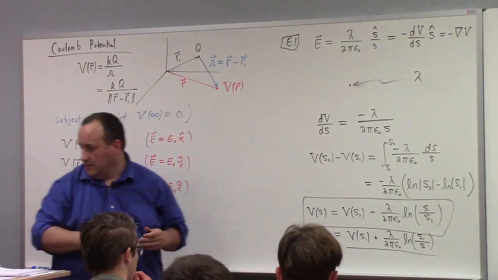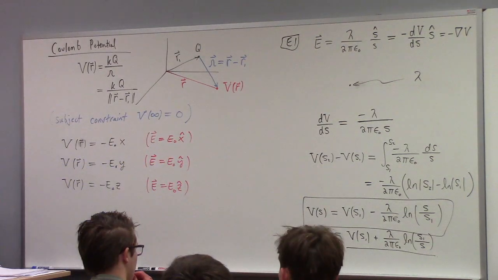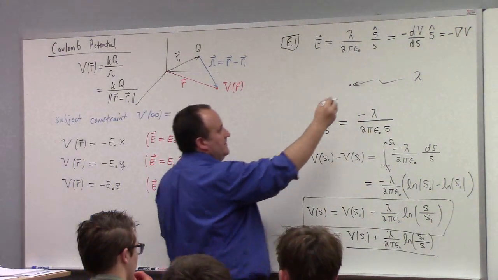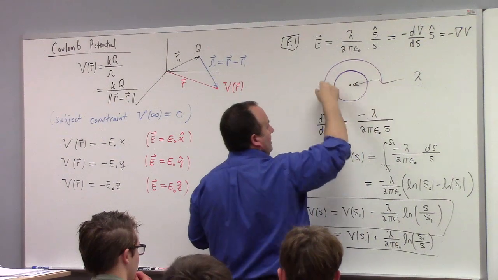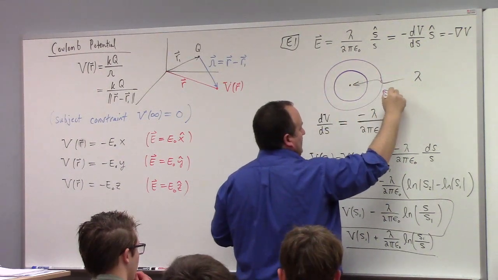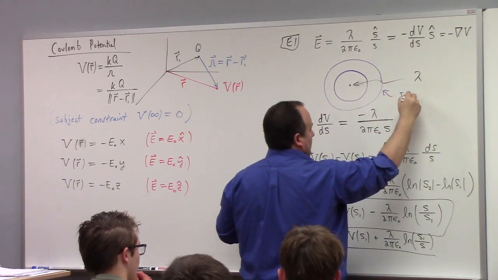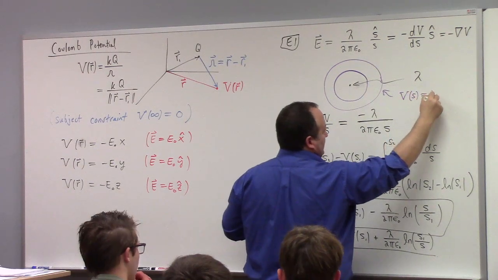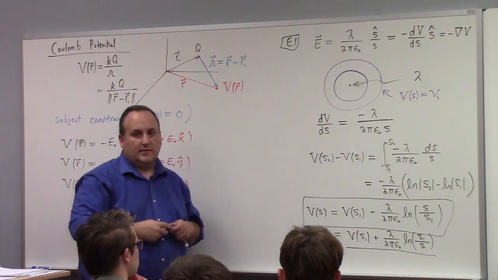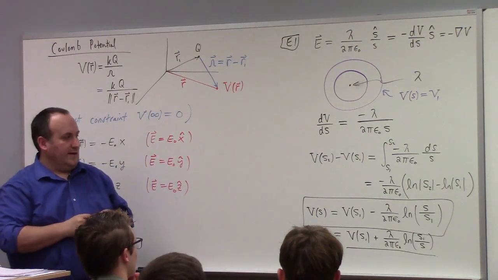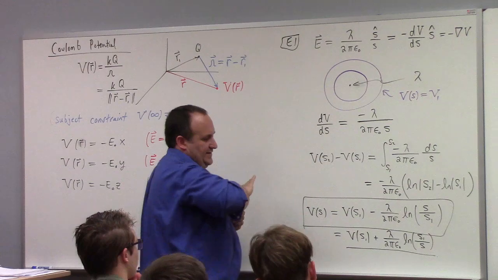That said, we actually have equipotential cylinders here, right? So the voltage is constant on this circle here. These are voltage V of S equals some constant. And what happens as S increases?